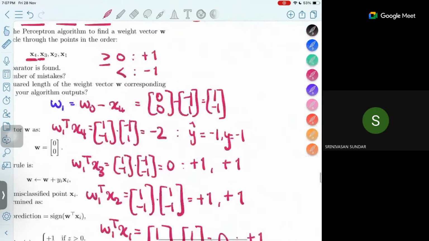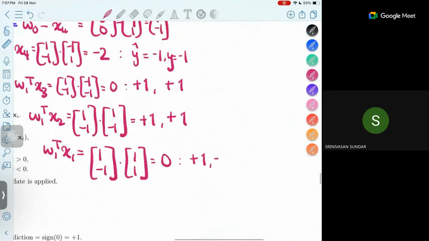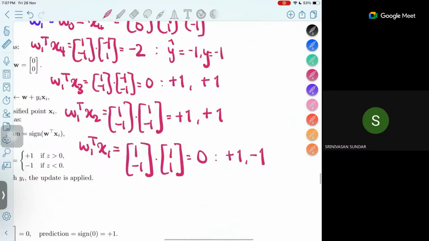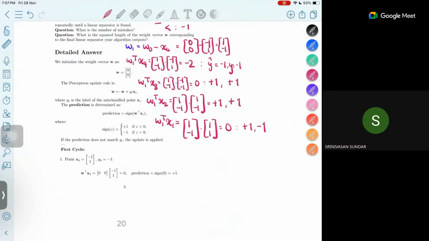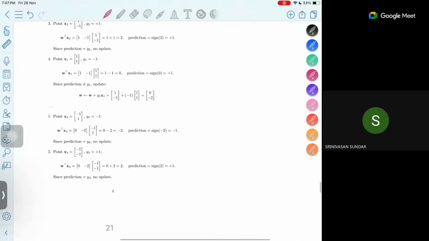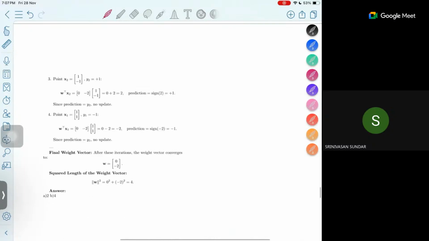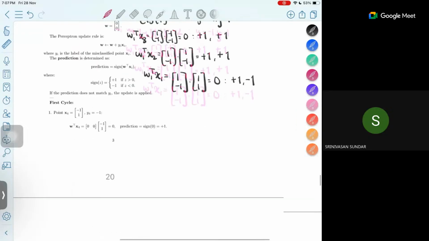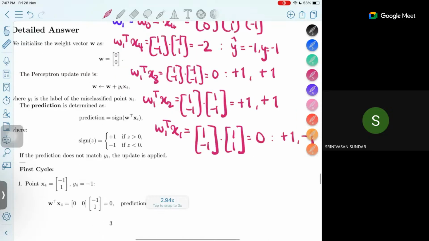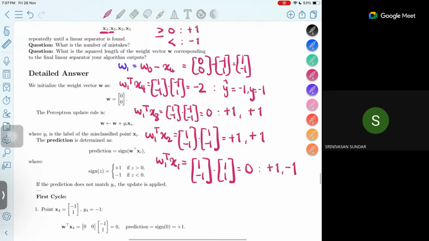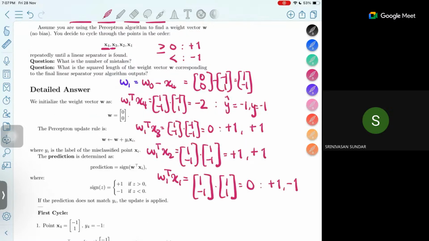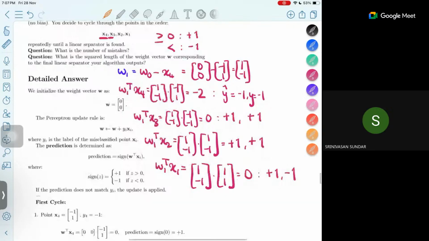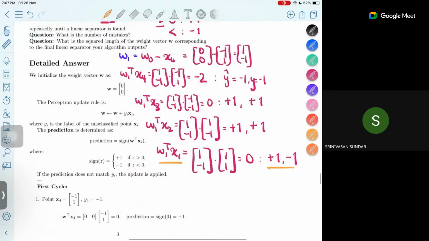We have to do one more iteration. Okay, just to confirm that I've not made a mistake. It seems to be going on for multiple iterations. Anyway, we have to do one more iteration only. So here it made a mistake on x1, right? So we'll update it with x1.